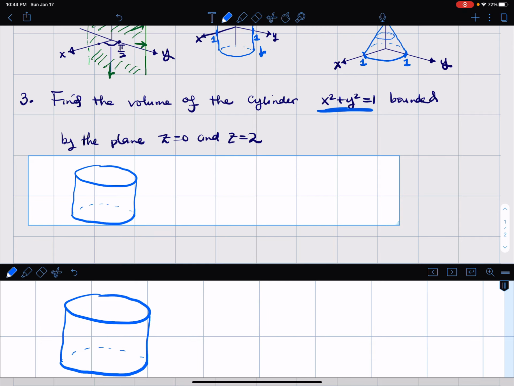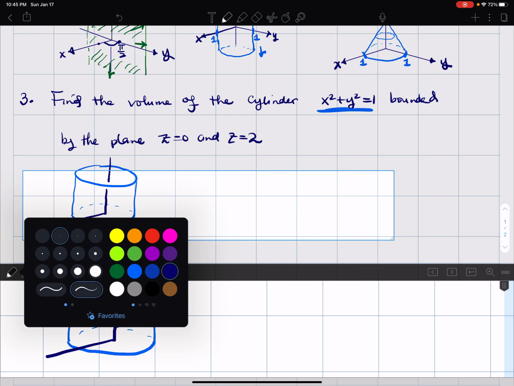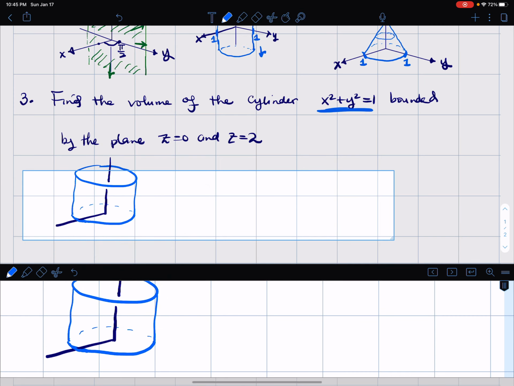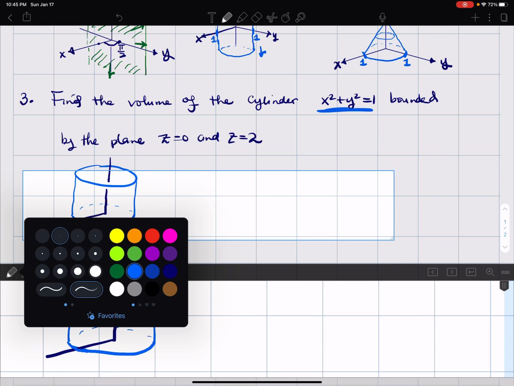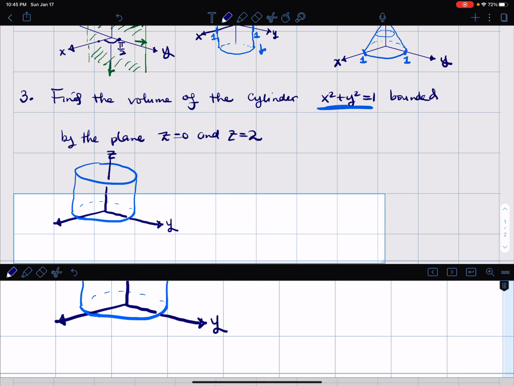All right, so this is the z-axis, y-axis, x-axis.